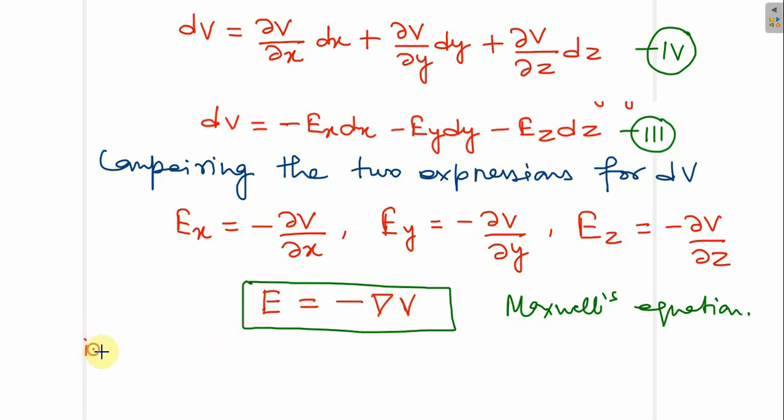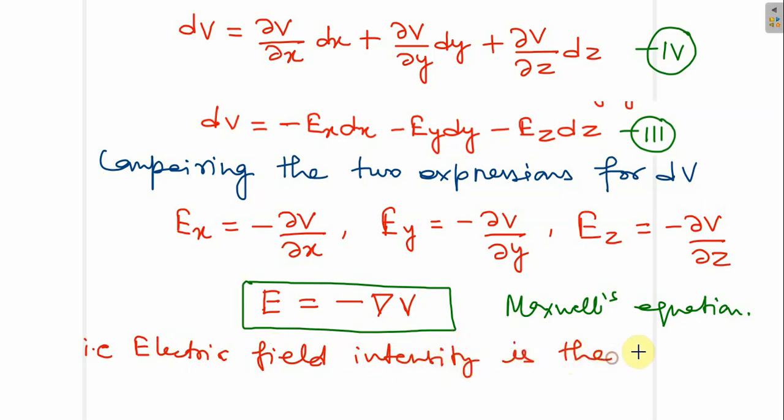So this electric field intensity is the gradient of V. And what does this negative sign represent?